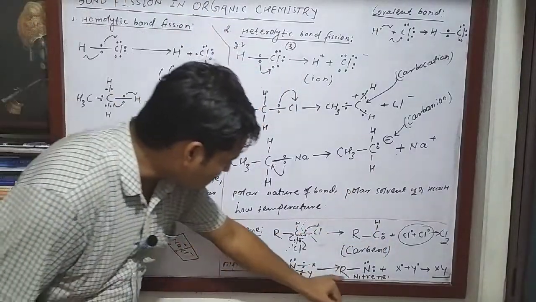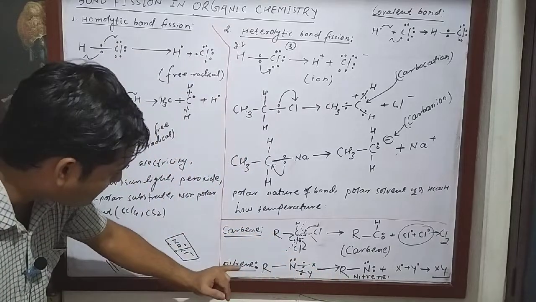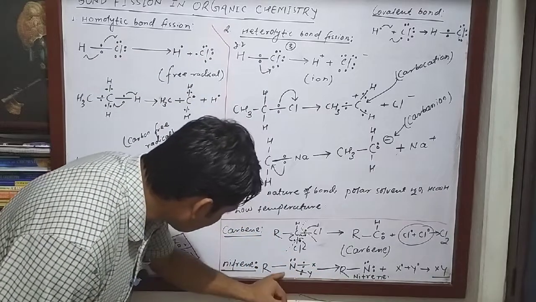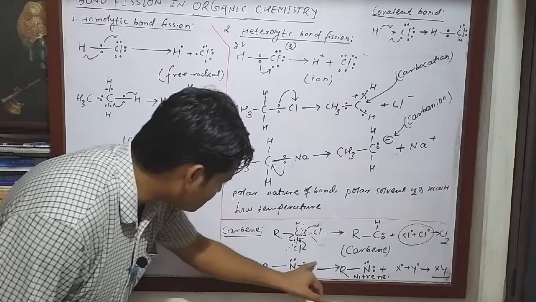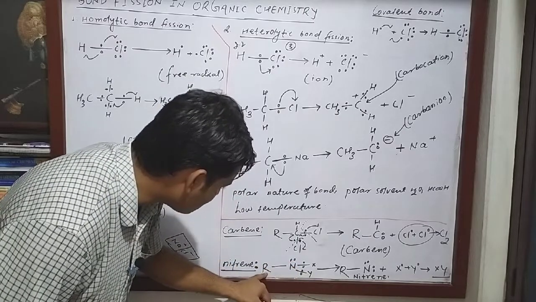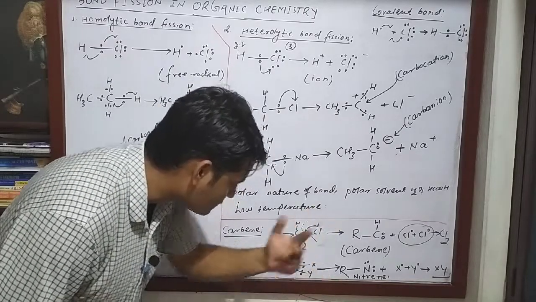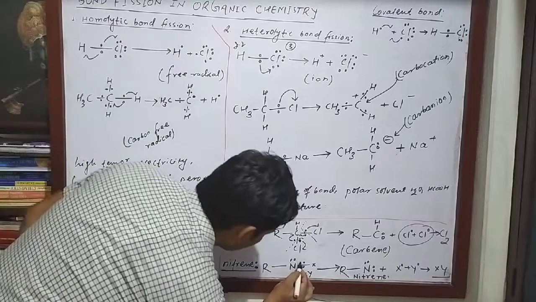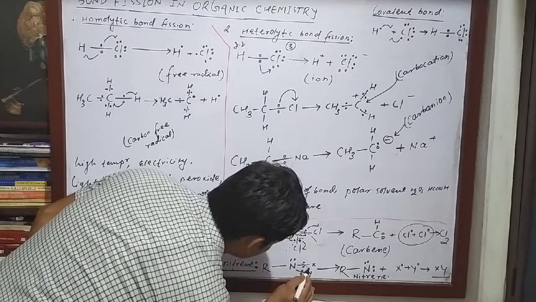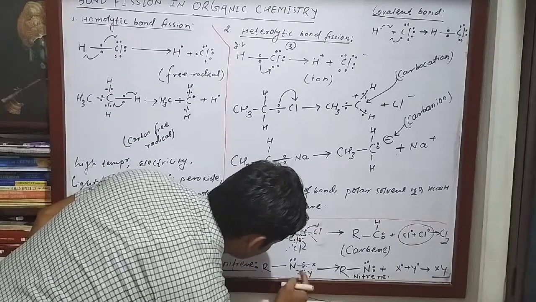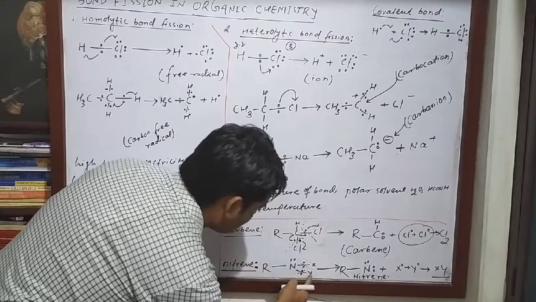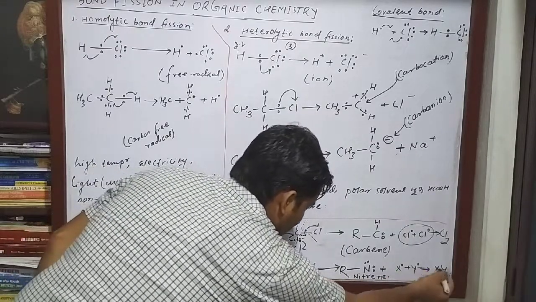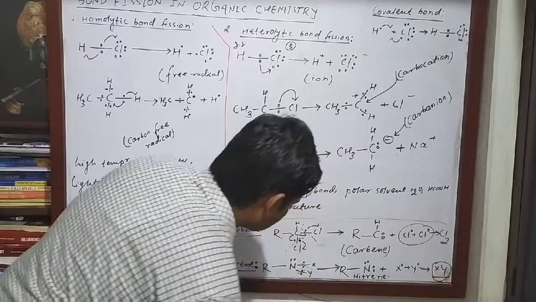And similarly, what is nitrene? Simply look at here what is nitrene. Nitrogen always contains 3 covalent bonds. Suppose here it contains R, an alkyl group, and X, Y, 2 other groups. If homolytic bond fission takes place between nitrogen and X, and nitrogen and Y, then X and Y combine to give XY.